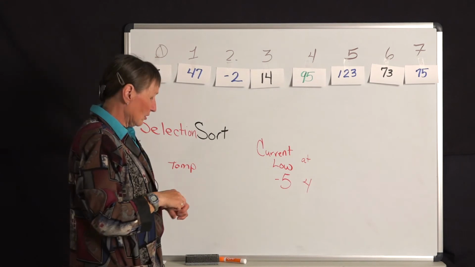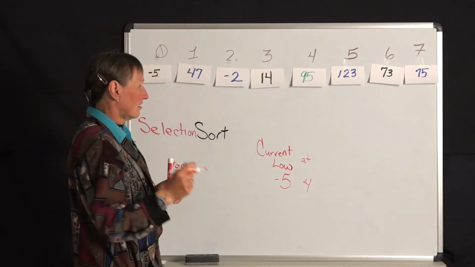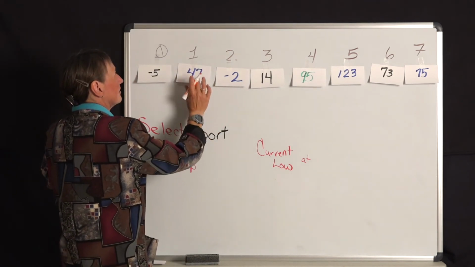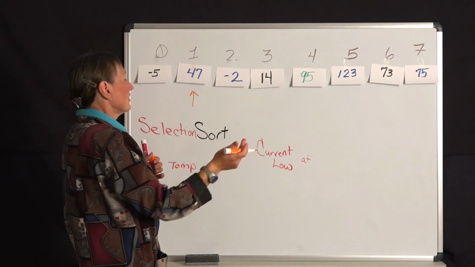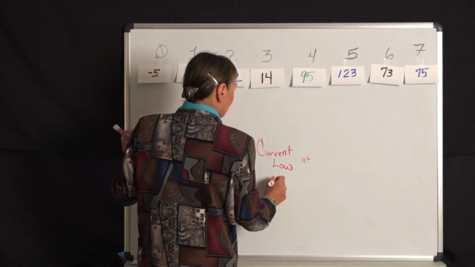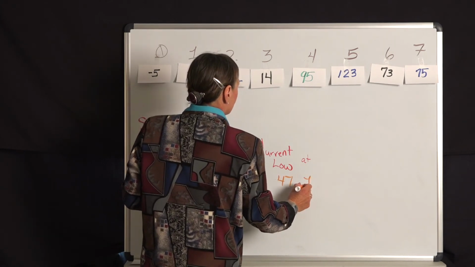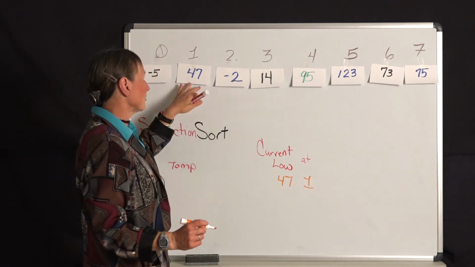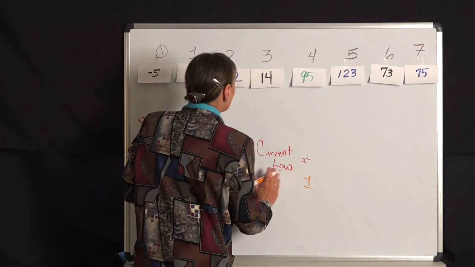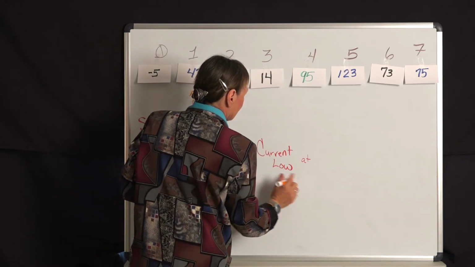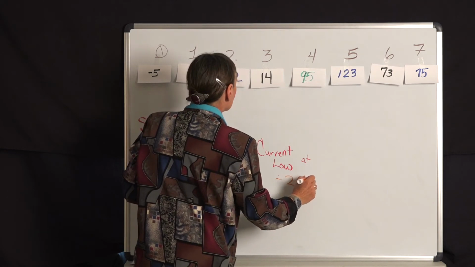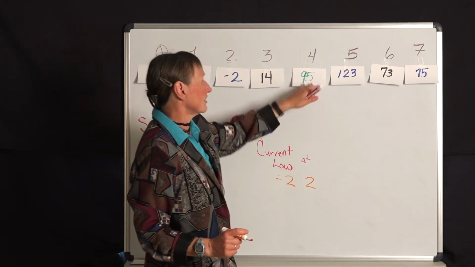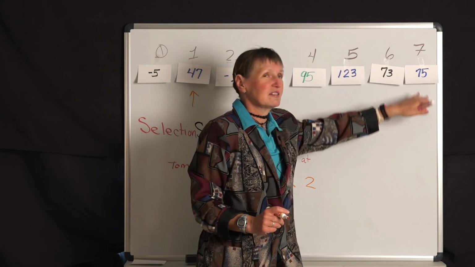And now we are going to start our list at location number 1. So our current low will be 47 at location 1. Next one, well, definitely -2 is lower. And that's at location 2. So -2 at location 2. We look at 14 in comparison to this, 95, 123, 73, 75.